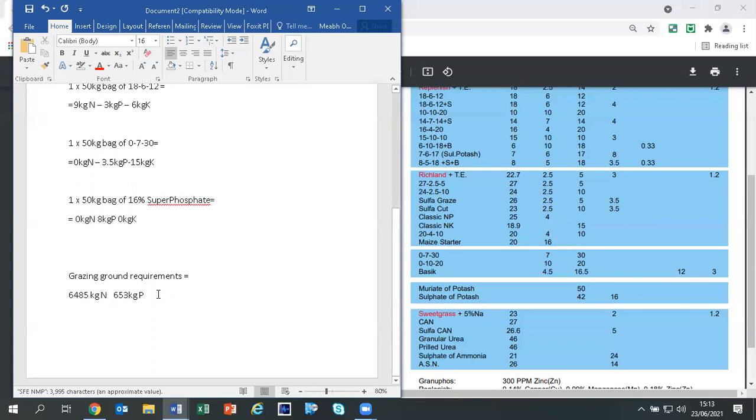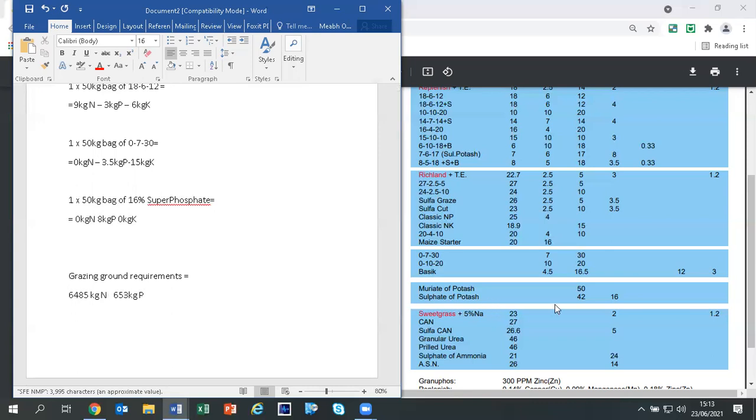If we were trying to only use one fertilizer product to address that requirement, we can just look at the ratio of nitrogen to phosphorus. So in this scenario, we can see that we need just about 10 times more nitrogen than phosphorus in our fertilizer. 6,485 is just about 10 times more than 653.